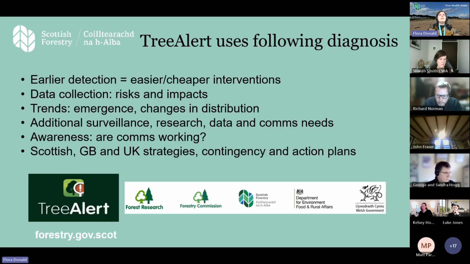So for example, DEFRA's done a lot of work with its topographers, putting out releases in newspapers, trying to get features in television programs, and tracking the response with the number of tree alerts that people have been sending in as a way to understand: are we reaching the right audiences? Are people becoming aware of this messaging? And then of course, Tree Alerts also inform Scottish, GB and UK tree health strategies and the contingency and action plans that we draw up.